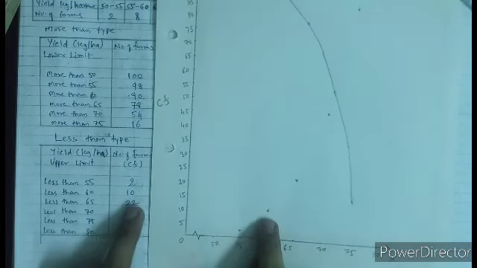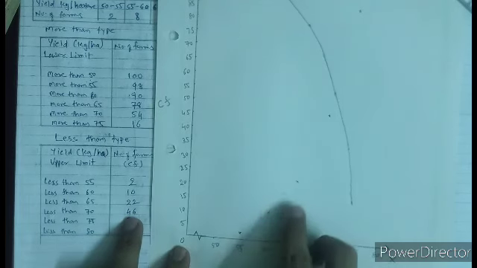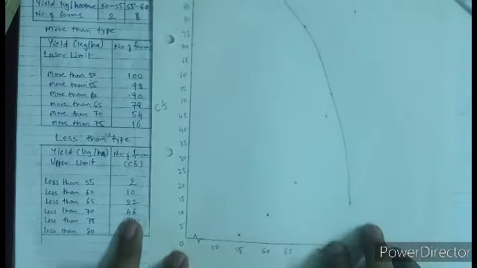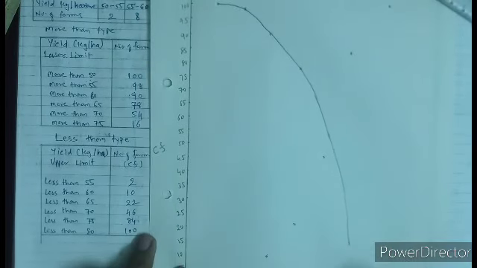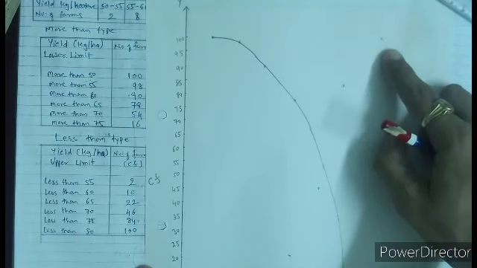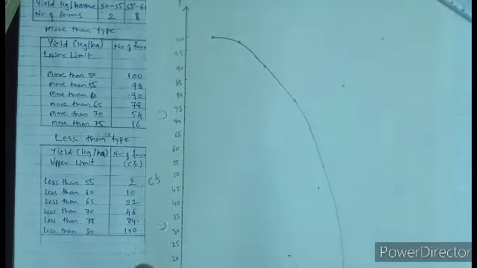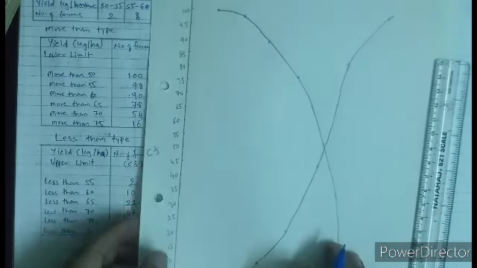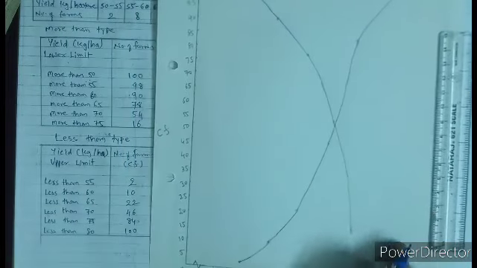Less than 60, 10. Less than 65, 22. Less than 70, 46. Then less than 75, it is 84, and less than 80, it is 100. We have to connect these dots and form the curve. So here is the curve which we have obtained through the less than type of frequency distribution.